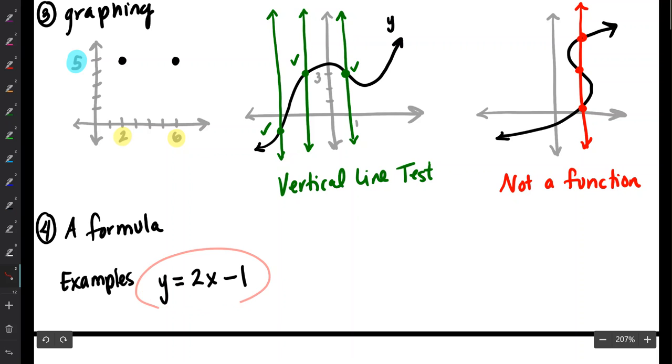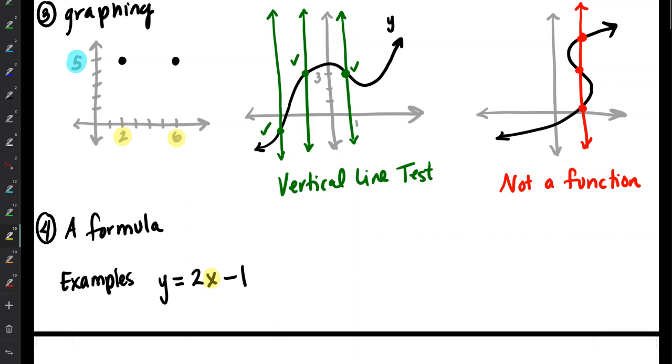This is a function. You could go ahead and graph that line and see that it passes the vertical line test, but imagine putting in a number for x, any number, then on your calculator, multiply it by 2 and then subtract 1. Is your calculator going to spit out more than one answer? No, it's going to spit out just one y value. This is a function.